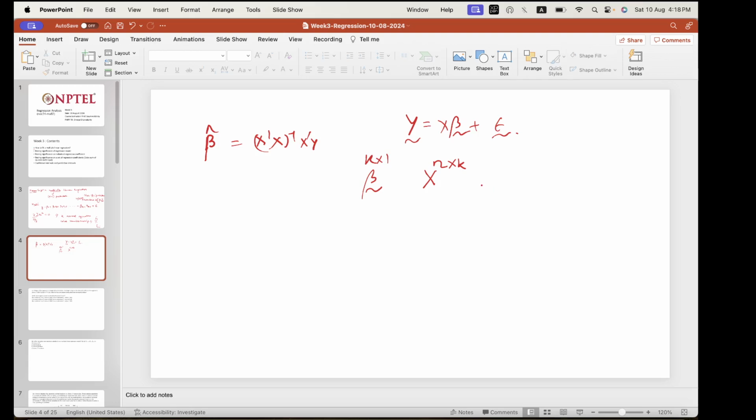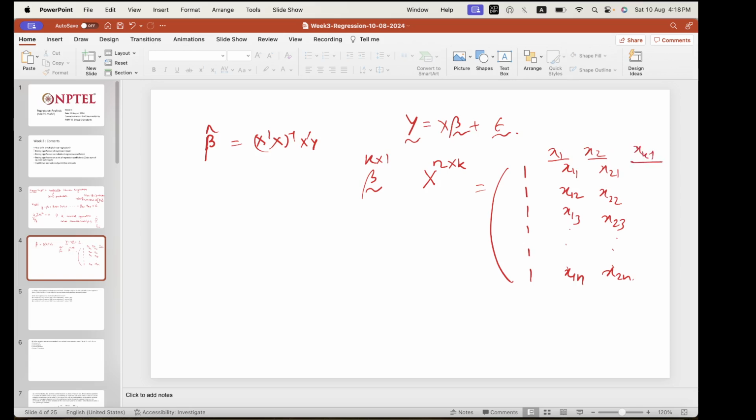The matrix would look something like this. It will have 1s, then the x1 values, then the x2 values. So it would be x11, x12, x13, and so on to x1n. Then x21, x22, x23 to x2n, and so on.